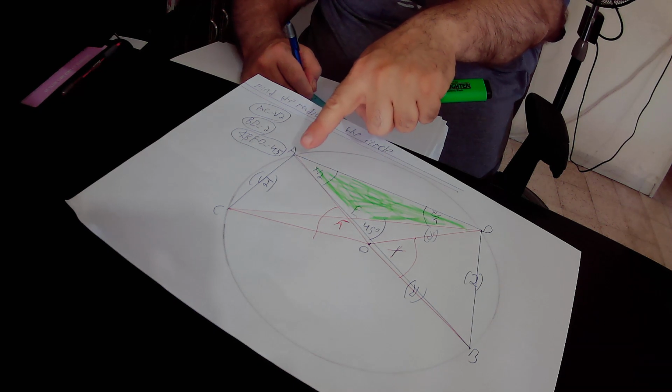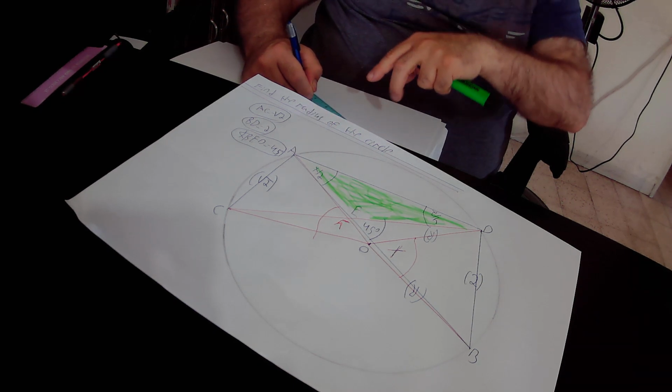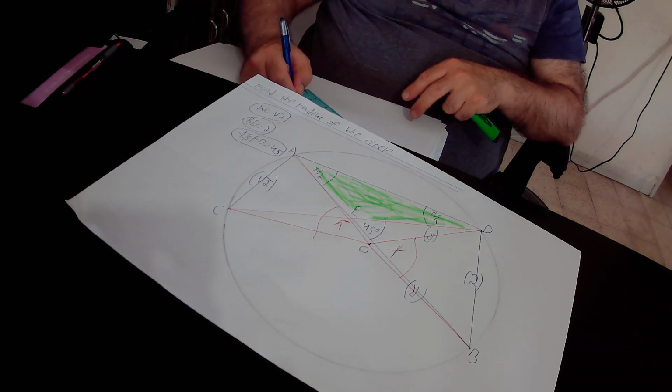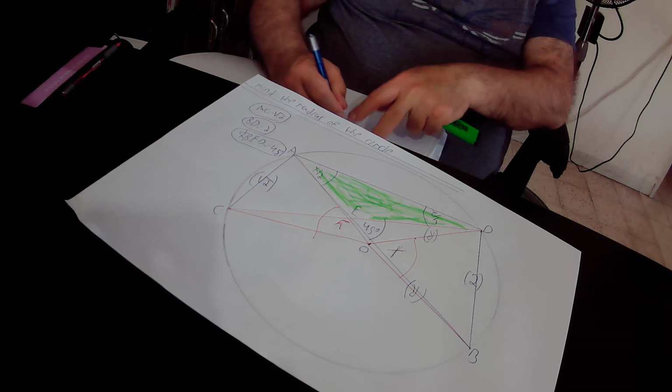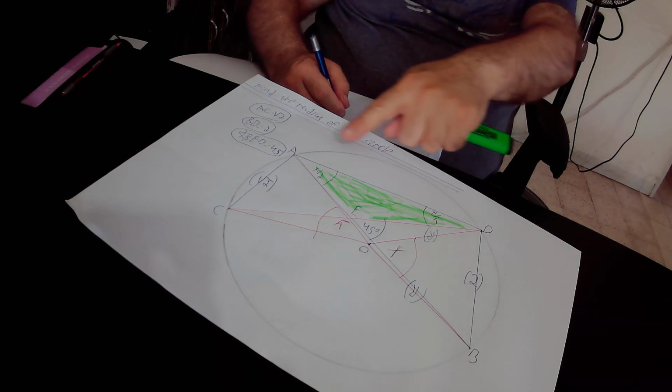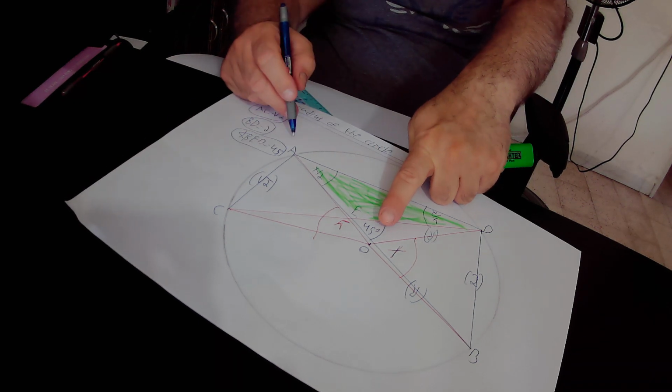Side CA equals the square root of 2 units in length, according to what is given in the question. Side AO, what is the definition of side AO?